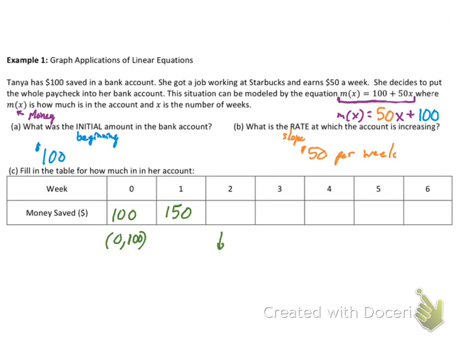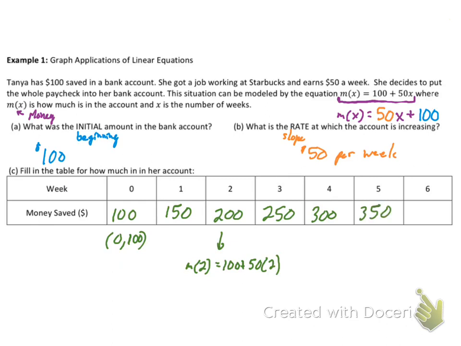Just so you see what we're doing here, we're evaluating my m function at 2. So I'm just going to plug in 2 for x, and when I simplify that, that's 200. You can see we're just going up by 50s for each week that this increases.